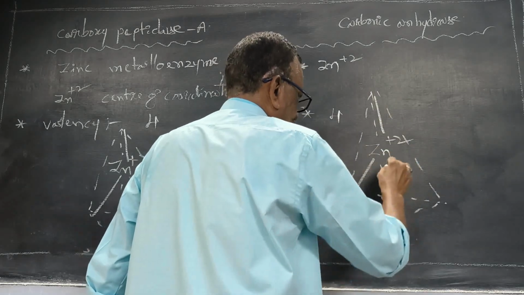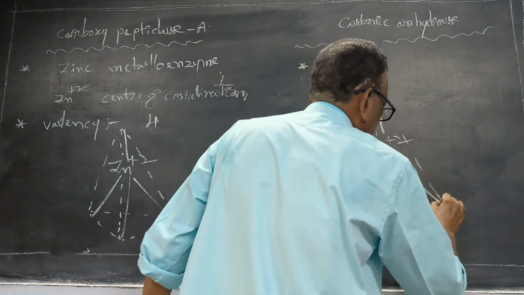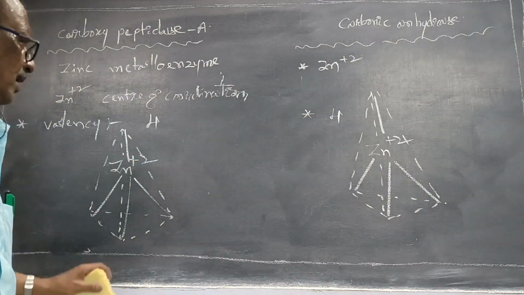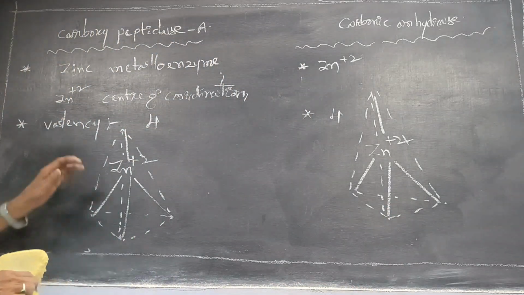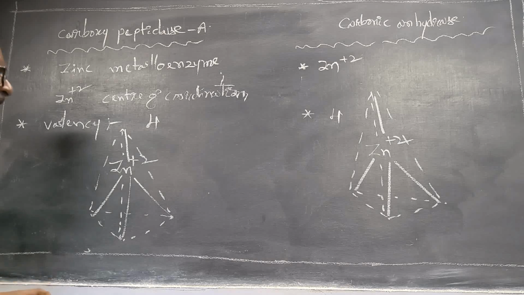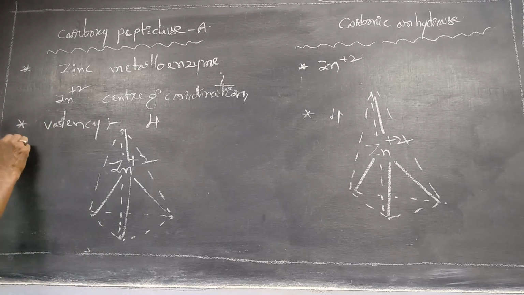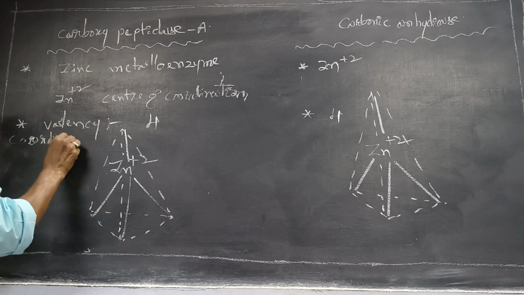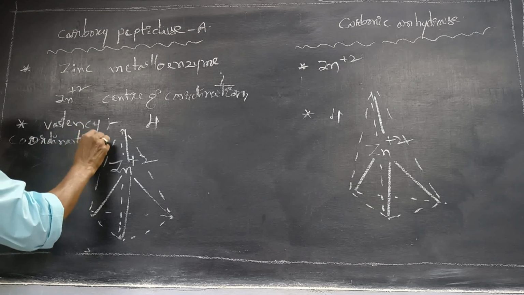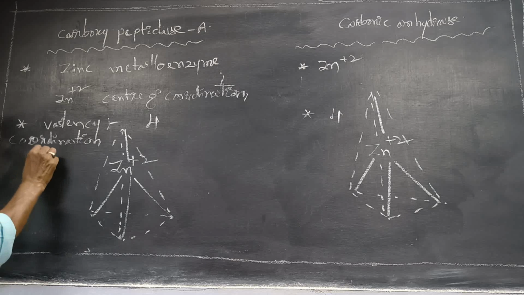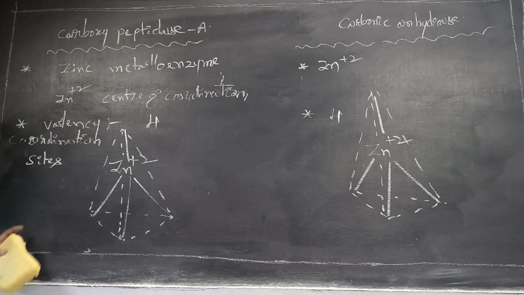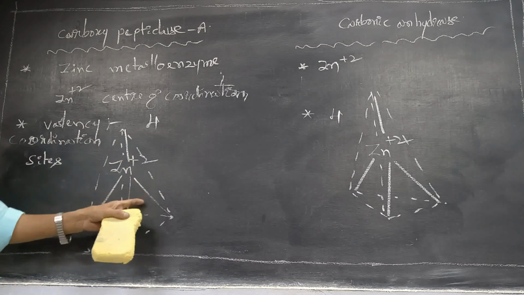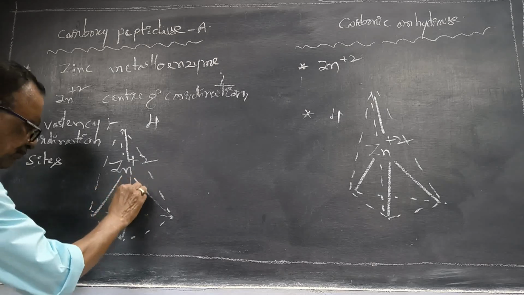One, two, this is 3, and this is 4. Now, out of these 4 coordination sites, yes, site means regions, 4 sites. Okay, this is it.